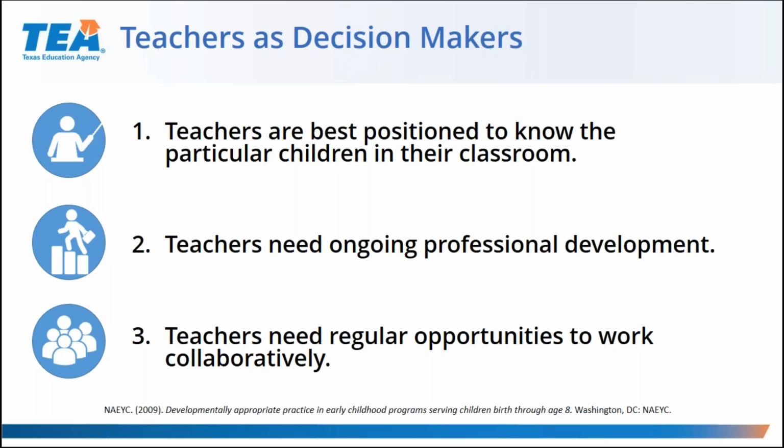Teachers have an important role in their work as decision makers, and they're often the individual that is best equipped to make decisions about children because they are positioned in a way that allows them to know most about the children in their classrooms. But we also know that teachers need ongoing professional development to help support their decision-making abilities, and they need regular opportunities to work collaboratively with one another.